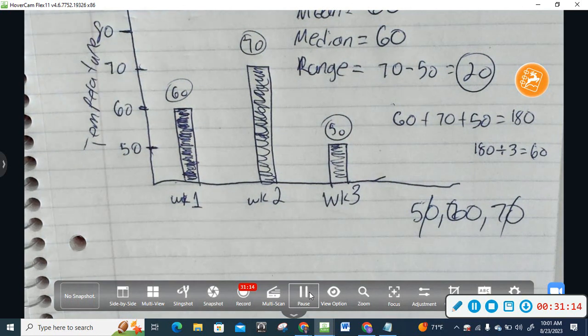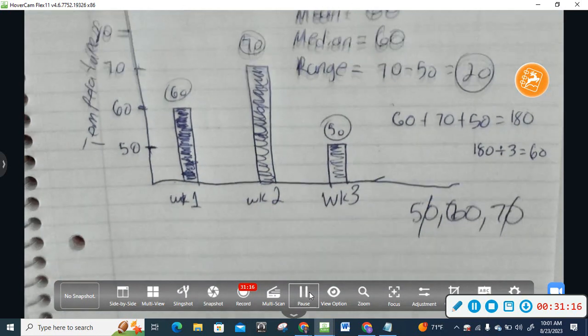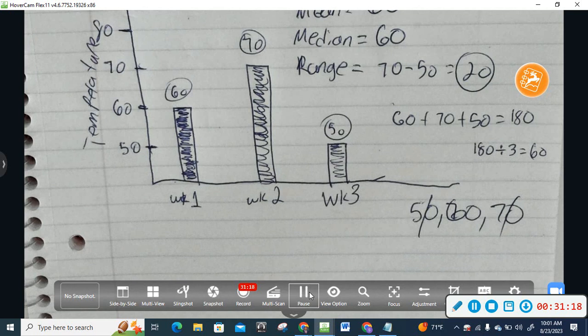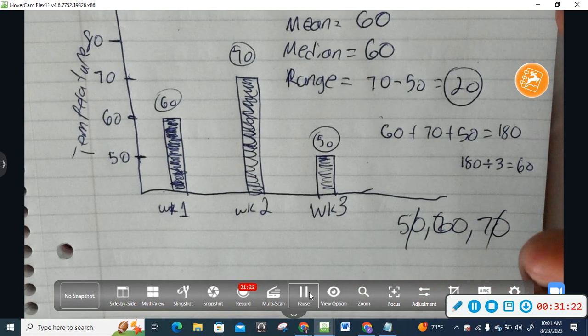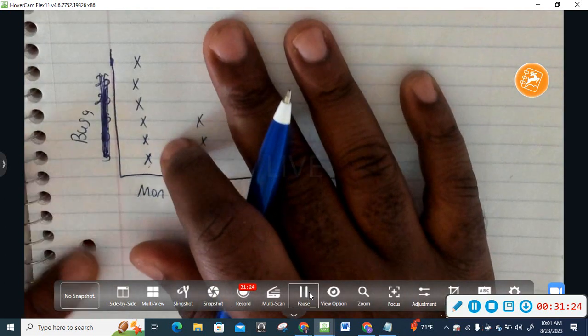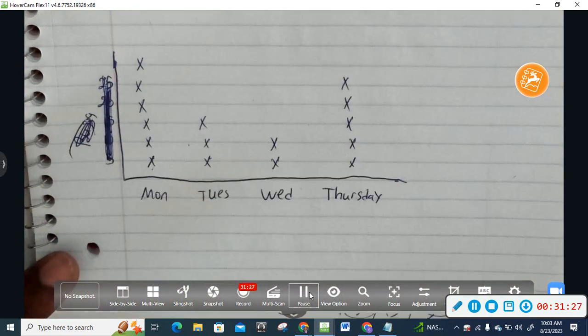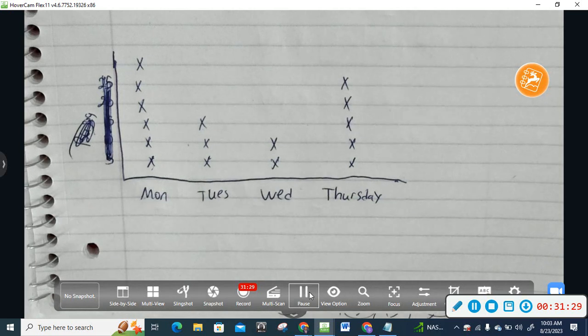See how they can give it to me in a different way? I can get it as a table with numbers. The last thing I've seen: it's not going to be mean, median, and mode, but these type of graphs can be on the test sometimes too.